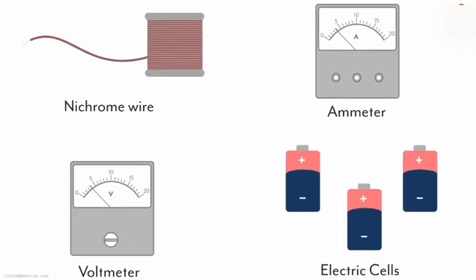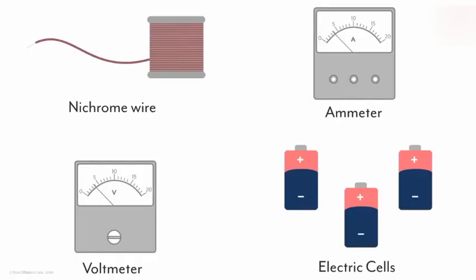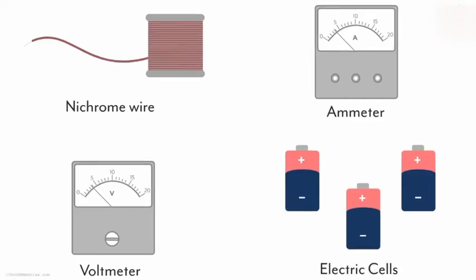Then, in order to measure the current, we require an ammeter, which is a device used to measure current. Then we have to measure the potential difference, and in order to measure the potential difference, we require which device? We require a voltmeter.